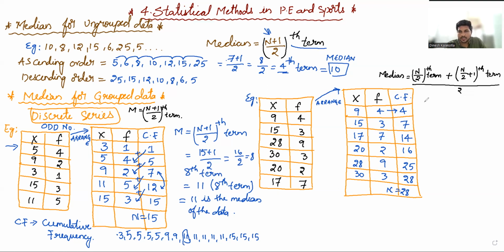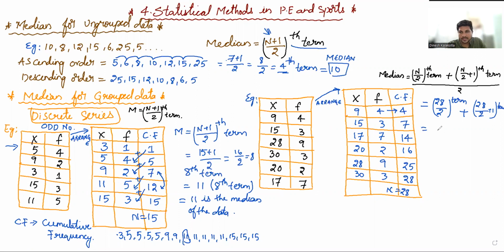So what is the median? By the formula given above, we'll find the median. Simply n by 2 plus n by 2 plus 1.